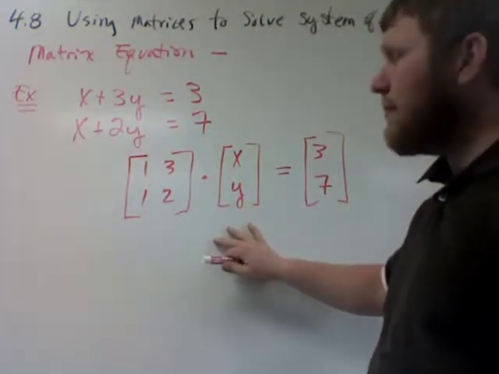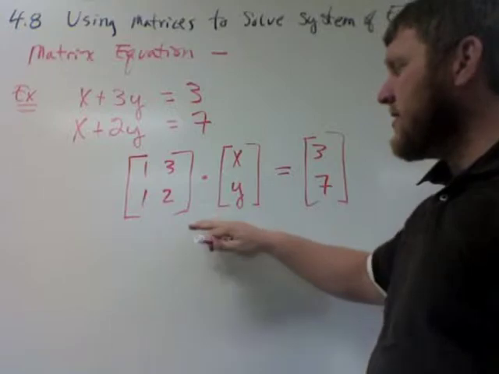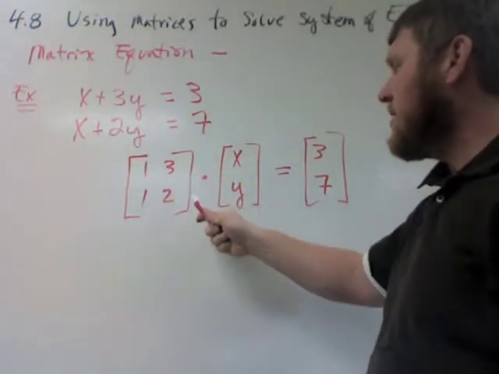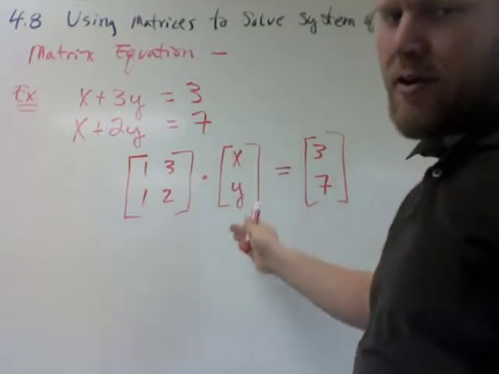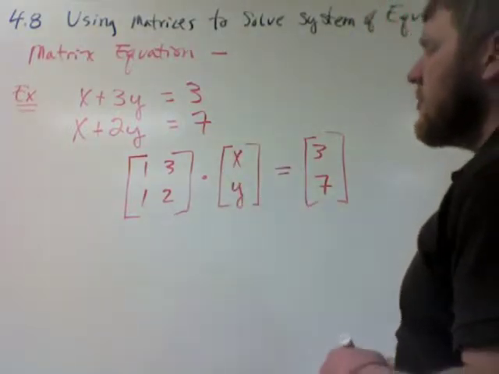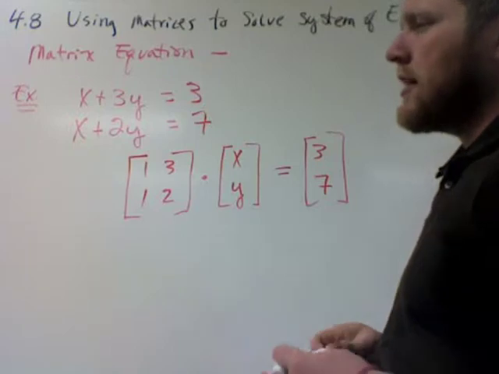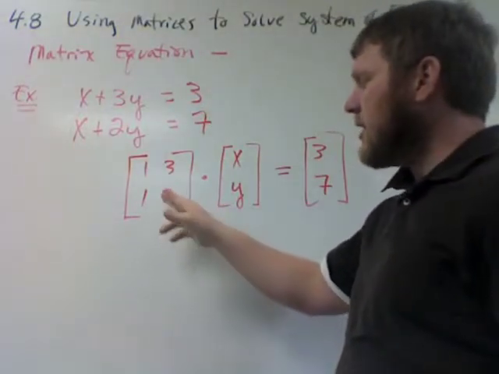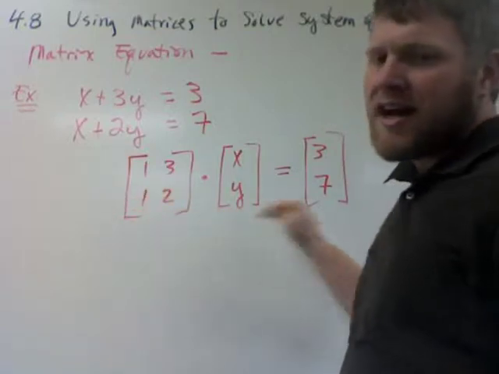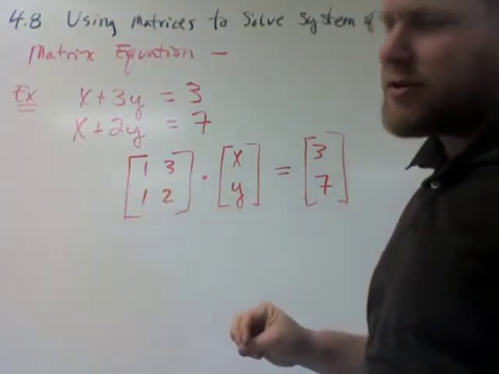I need to get rid of this matrix on this side and get my variable column by itself. One way of doing that is to undo what's being done to it, so I need to multiply both sides times the inverse matrix.